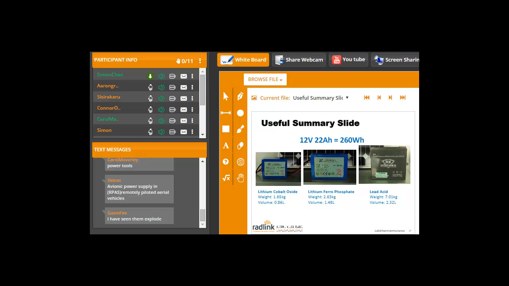I've got a little graphic here which is helpful for you to grasp how the different shapes and sizes of batteries work. On the right-hand side, we've got a lead acid battery. As you can see in the annotation, it's 7.01 kilograms, and it occupies a volume of 2.32 liters. That's quite big and quite heavy. In the middle is, as I said, my favorite technology, lithium ferrophosphate.